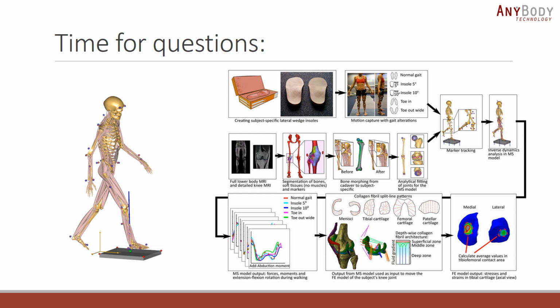But the way that we implement the custom material model is that it's calculated using a custom MATLAB script, and then the equations have been written in a Fortran file, which is then linked into Abaqus. It's kind of complicated to do that, but we manage.